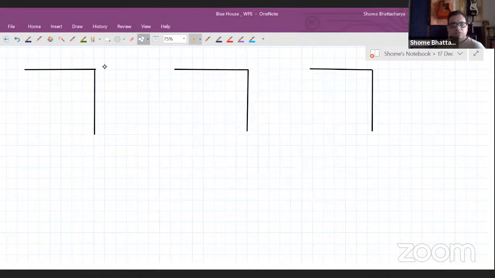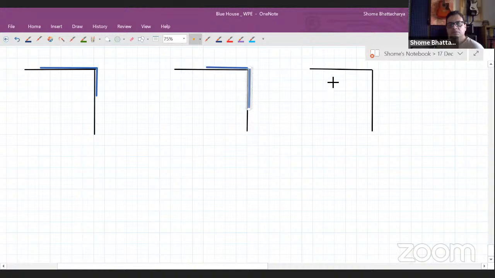So to compare these situations, this was the state initially when the motion began. 1/3 is hanging, 2/3 is on the surface. This is at some point of time in between, let's say. Okay. And this is when it has just slipped off the table completely.